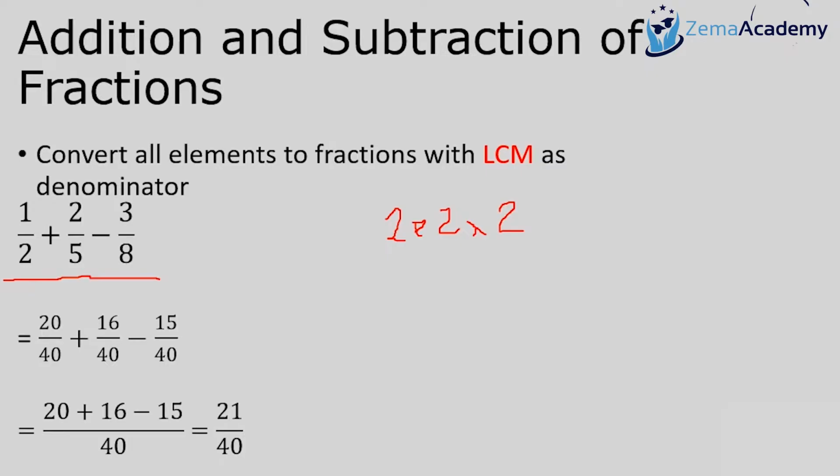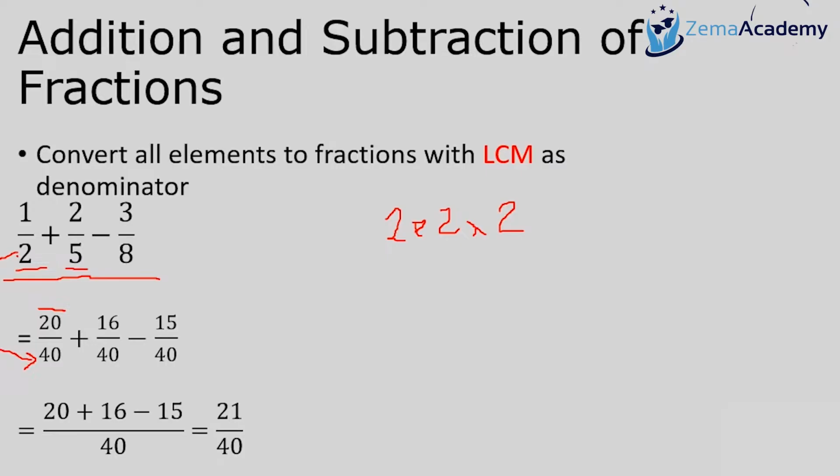So if I'm converting 2 at the bottom here as the denominator of 1/2 to 40, how do I do that? Well, I've multiplied 2 by 20 times. So I have to do the same to the top of the fraction here. So 1 over 2 becomes 20 over 40. 5, the denominator of the second fraction, goes into 40 8 times.